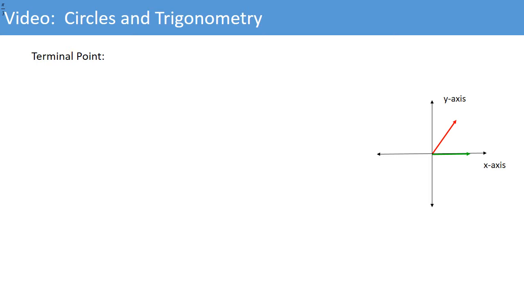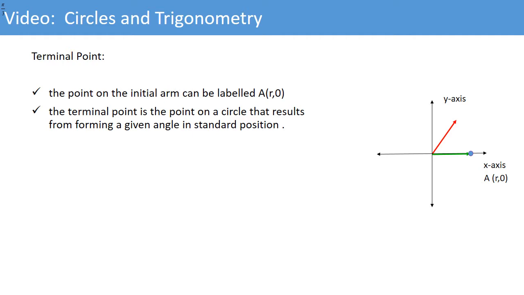A terminal point. The point on the initial arm can be labeled point A with the x value r and the y value 0. The terminal point, then, is the point on the circle that results from forming a given angle in standard position.